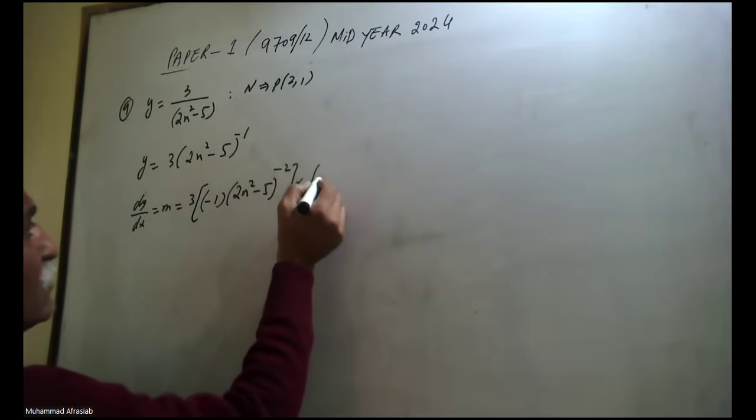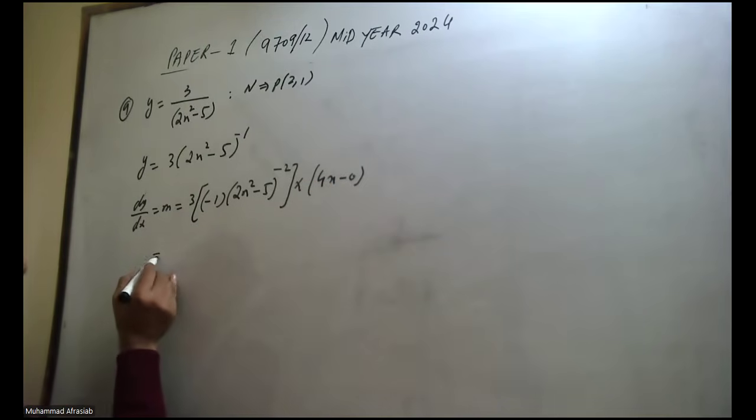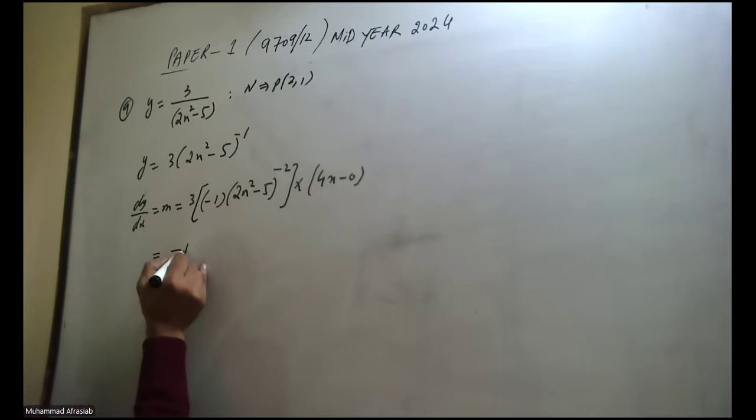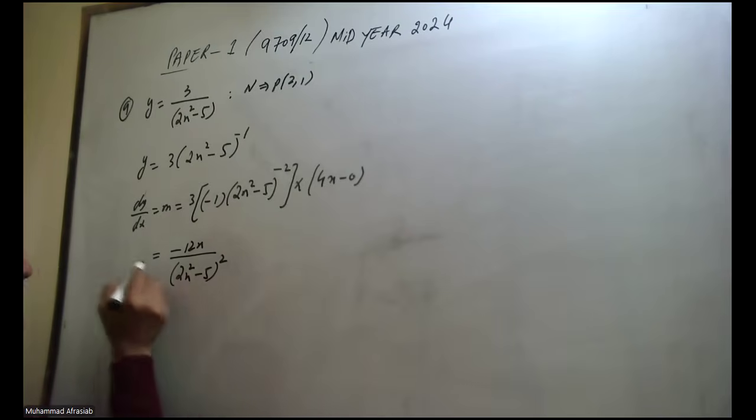So 2x square derivative is 4x minus 0. So that is going to be minus 12x over (2x square minus 5) whole power 2. That is the value of m there.